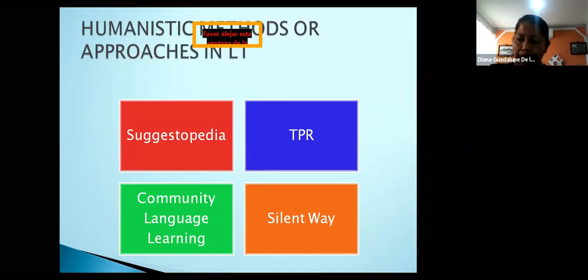Okay, what are some of the humanistic approaches that promote this type of motivation in students' life? Suggestopedia is one of them.